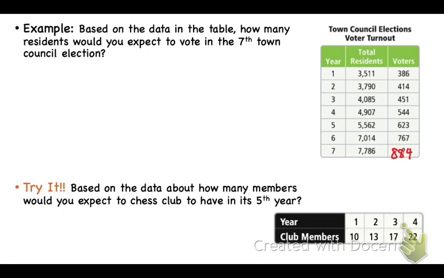Now, if I had said 1,000, that would not be a good conjecture, would it? My patterns would not prove that. And if I said 1,000 because they drove everybody to the polls, that has nothing to do with this data.